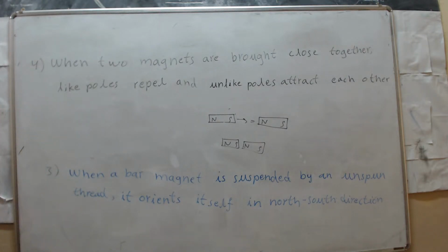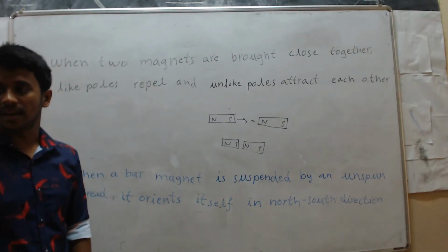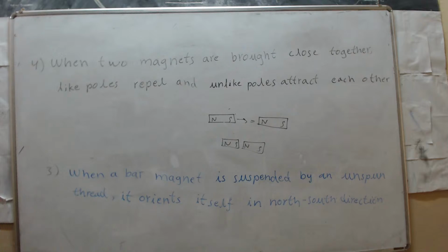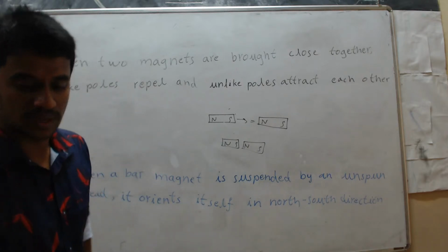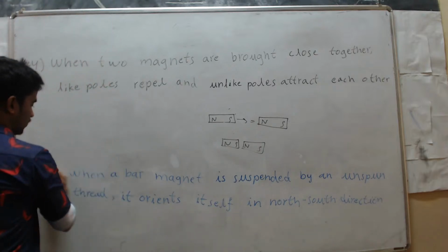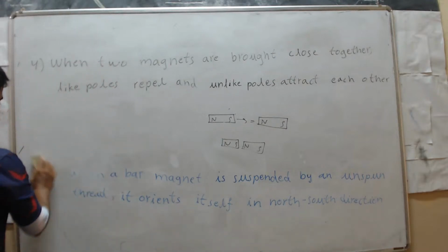See, first one, magnet attracts materials like iron, cobalt, and nickel. Then second one, the attraction is maximum at the ends of the magnets. Before that we study magnetic field.